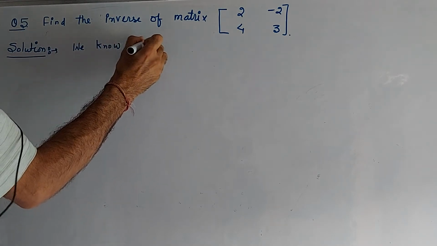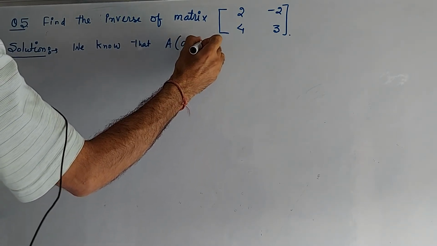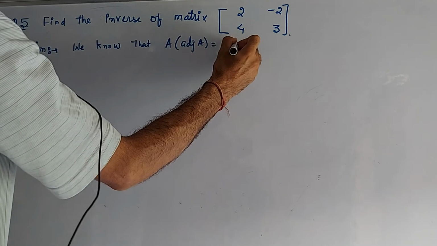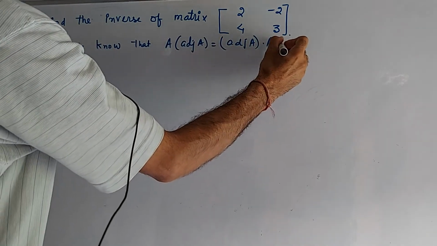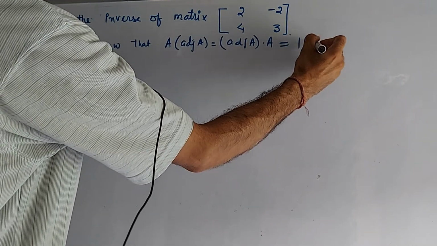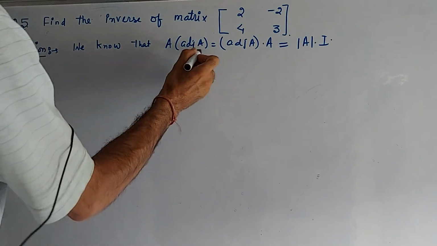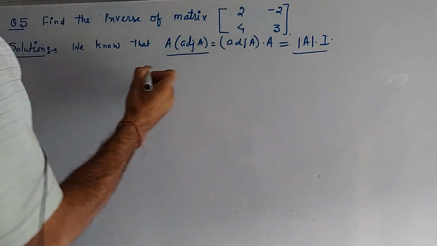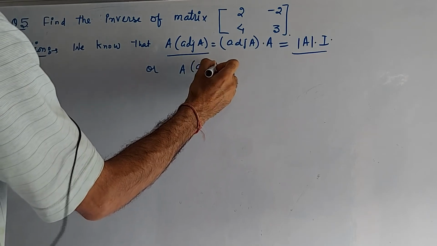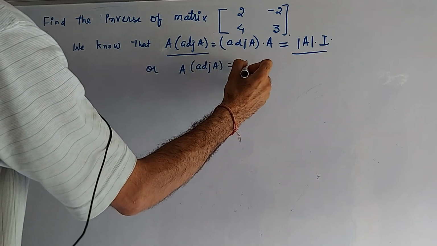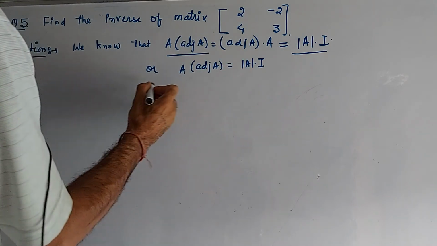We know that A into adjoint of A is equal to adjoint of A into A, which is always equal to determinant of A into matrix A. If we take this and this, A into adjoint of A is equal to determinant of A into matrix A.